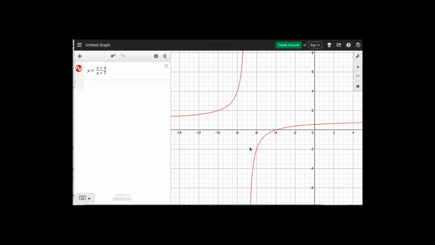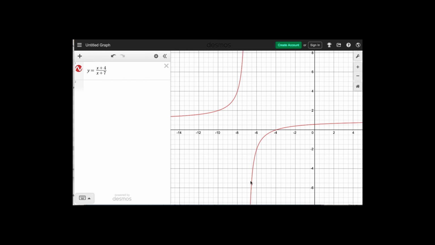So we can see that the vertical asymptote is x equals negative 7. We can see that the x-intercept is at negative 4. So to the left of negative 7, the graph is above the x-axis. That means the graph is positive.